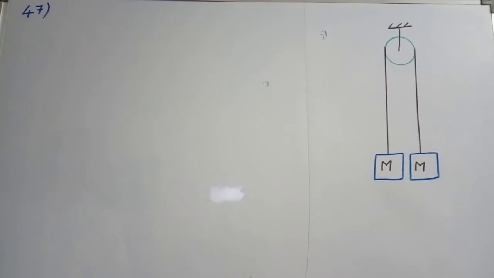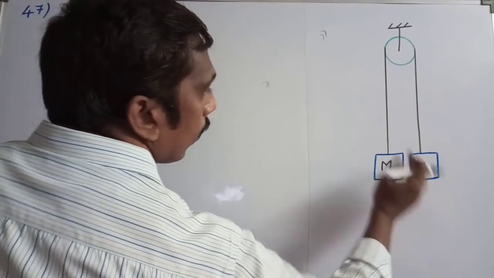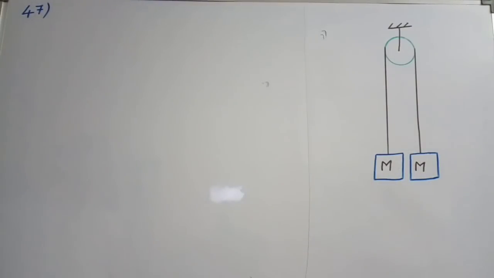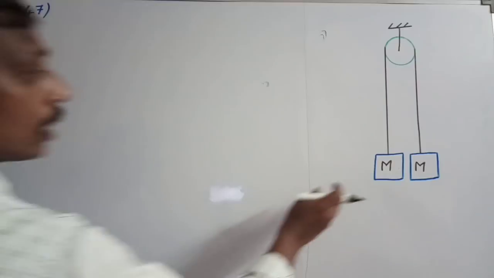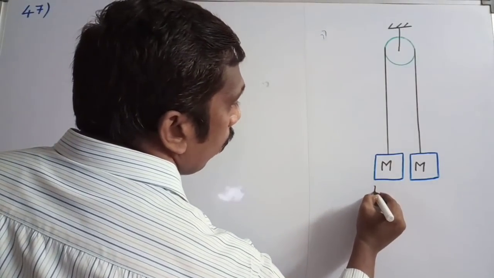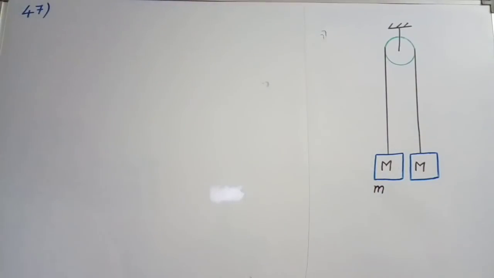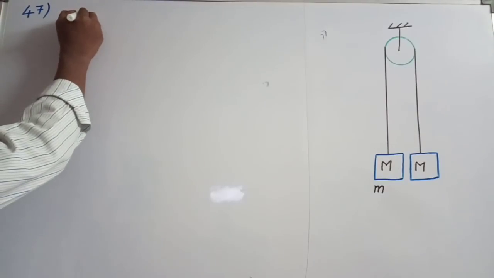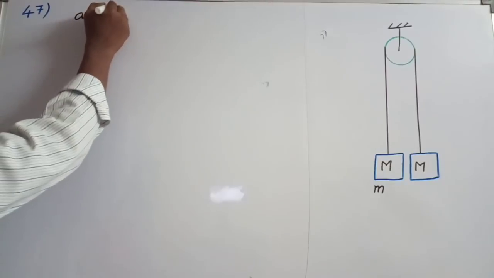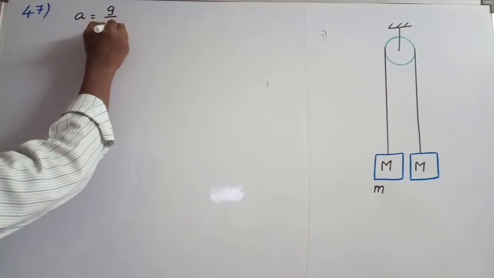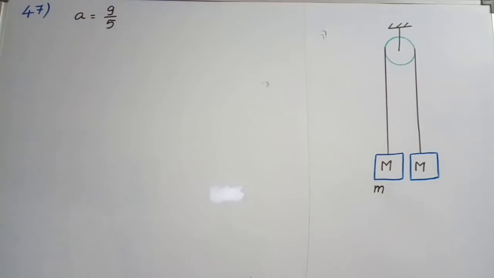According to the problem, two blocks of equal masses capital M are arranged like this. Now, both are at rest initially. So after that, certain mass, assume small m, is removed from one block and it is added to the other block. Then the system is moving with an acceleration equal to g by 5. Then what fraction of mass is removed?